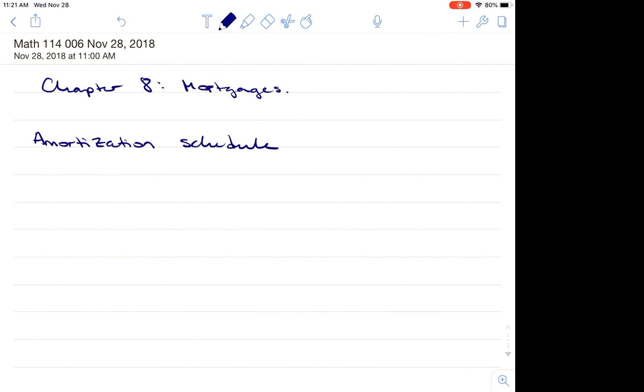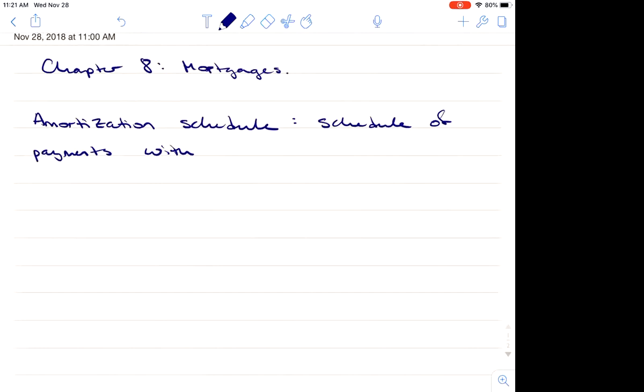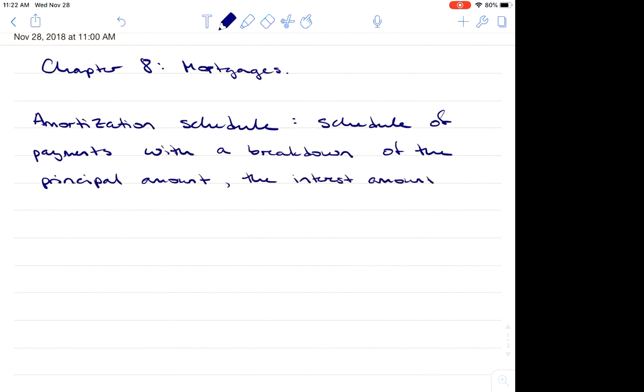So an amortization schedule is a schedule of payments with a breakdown of the principal amount, how much you are actually paying off of your loan, the interest amount, and the remaining balance.